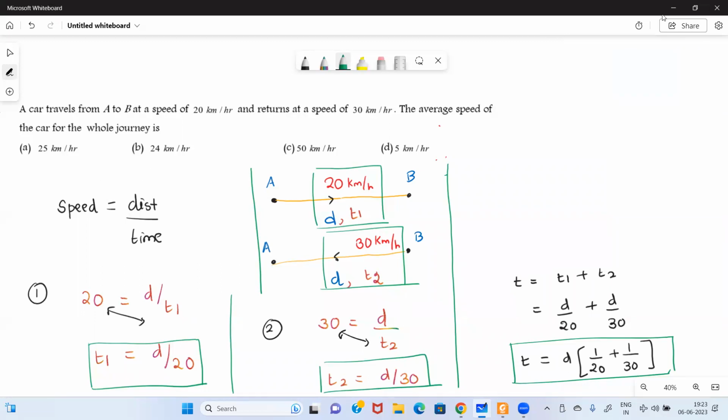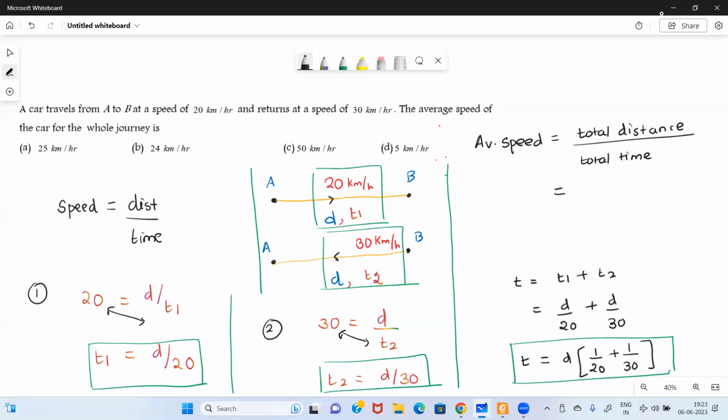Now, final step. What is the definition of average speed of the whole journey? Total distance by total time. Can you guys tell me what is the total distance covered? 2 times D. Perfect.